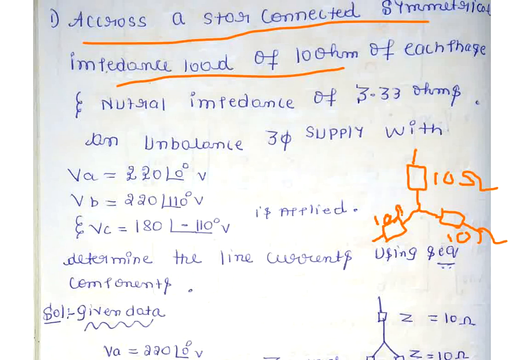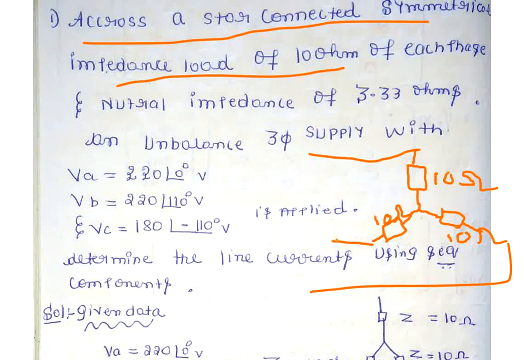And a neutral impedance of 3.33 ohms, because 10 by 3 is 3.33. It is an unbalanced three-phase supply, which means the supply here is not balanced.